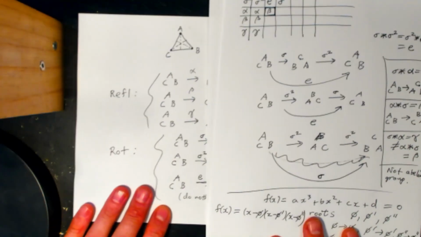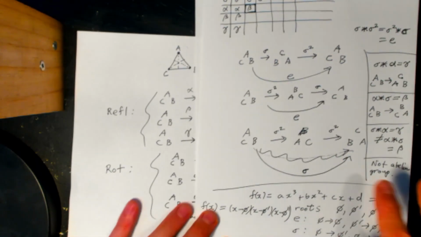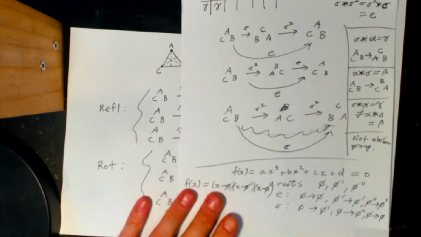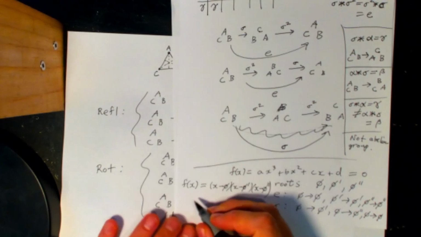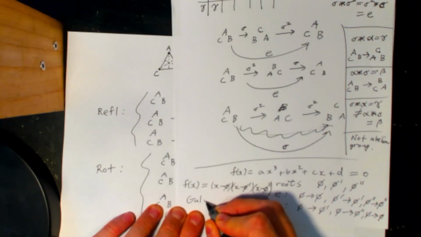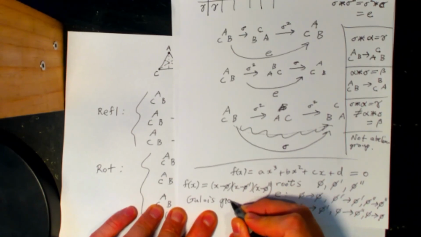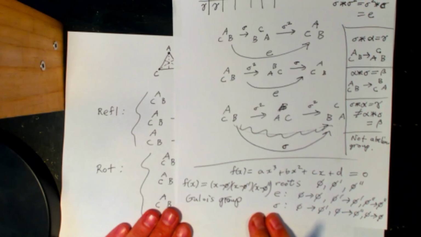So in algebra, this is a fairly important group, and it's a non-abelian group. This is called the Galois group, which is a group of permutations.